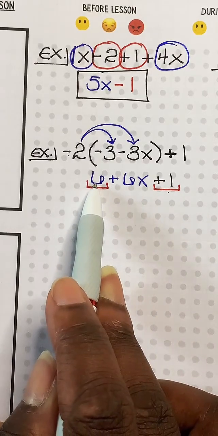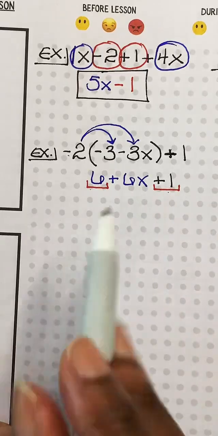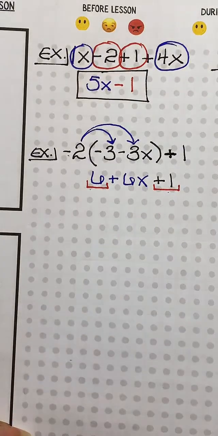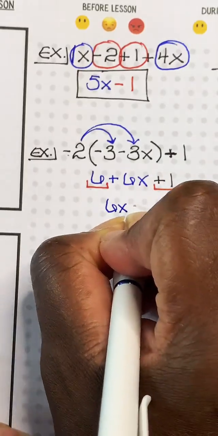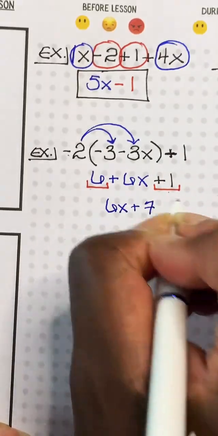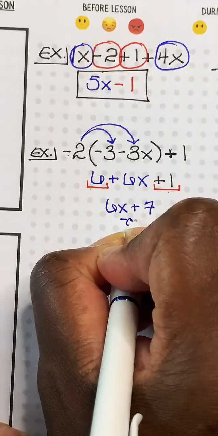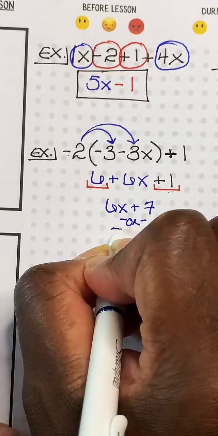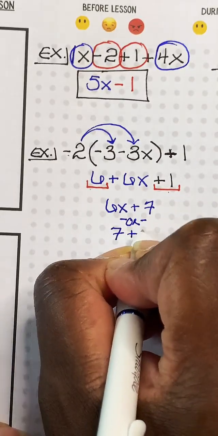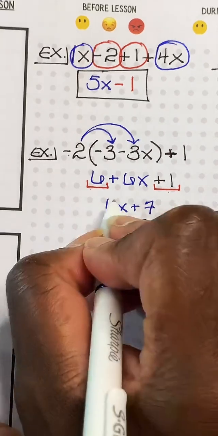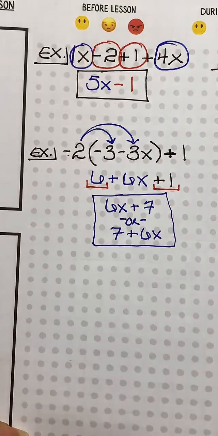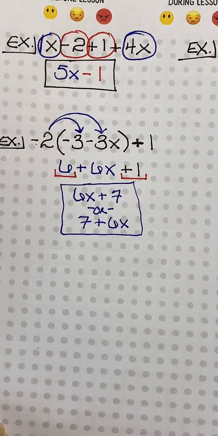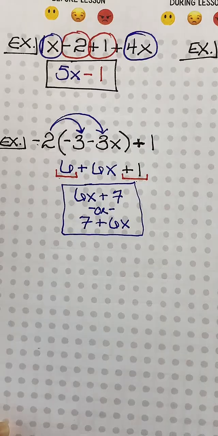So I'm adding the 6 plus the 1, which gives me the 7. So if you want, you could write your answer as 6x plus 7, or you can say 7 plus 6x. Okay, so you do have a choice. Okay.